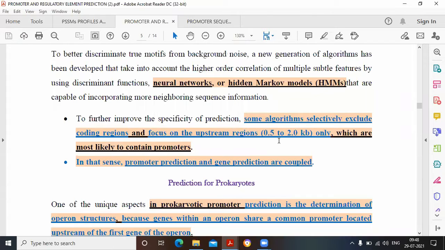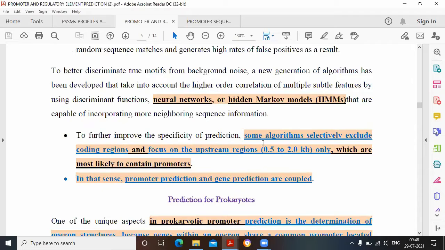Okay, so these two processes help us better understand, with the ab initio based method, where exactly and how much the regulatory sequences are present, and where exactly the promoter sequence and the starting site are present with respect to the gene.